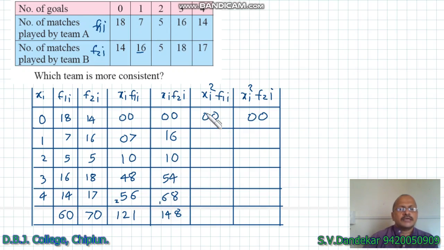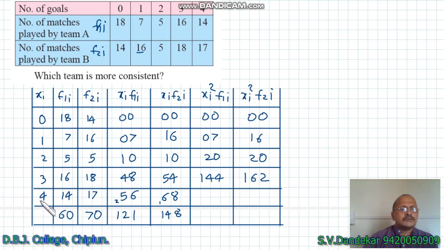Xi square into Fi: 1 square is 1, 1 into 7 is 7, 1 into 16 is 16. 2 2s are 4, 4 5s are 20 and 4 5s are 20. 3 3s are 9, 16 9s are 144 and 18 9s are 162.